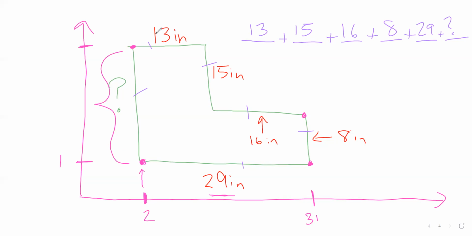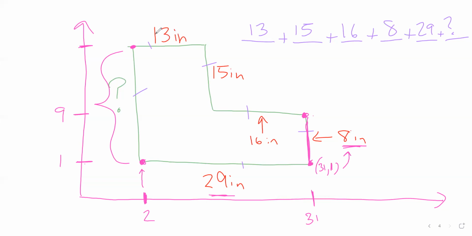And then here, this would have to be 9, because if this is 31, 1, and I know from here to here is 8, because they told me that, then 1 y plus 8 y would equal 9. So this would be at 9.